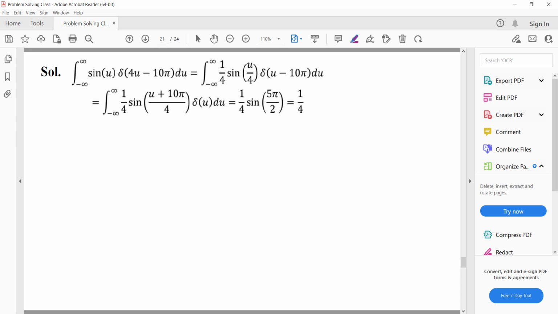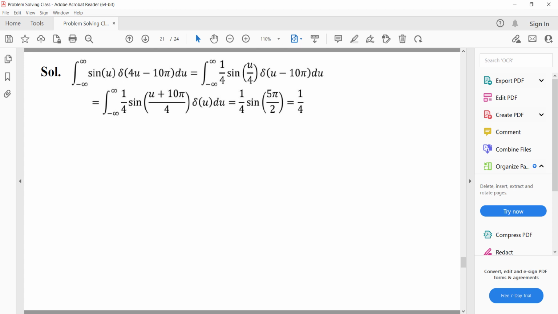Okay, so here one property is there, that is delta of at minus t naught. This will be equal to 1 by a delta of t minus t naught by a. I am using this property so as to solve this problem.